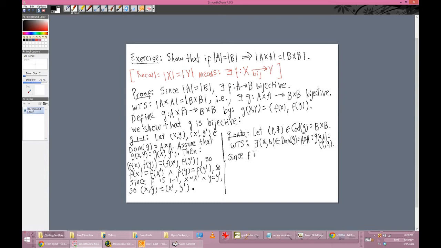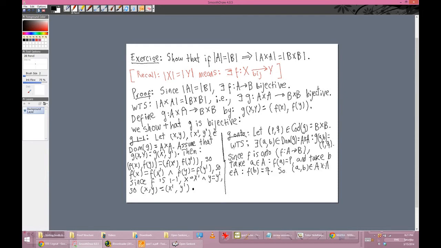And since f is onto, there is some a in A mapping to p, and similarly there is some b in A mapping to q. So here we use onto two times.